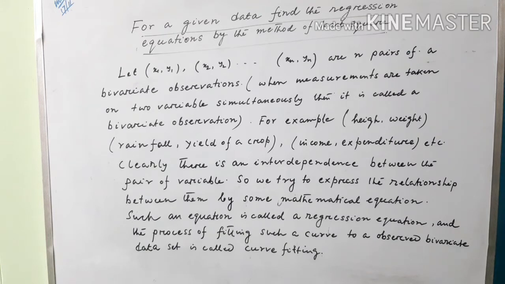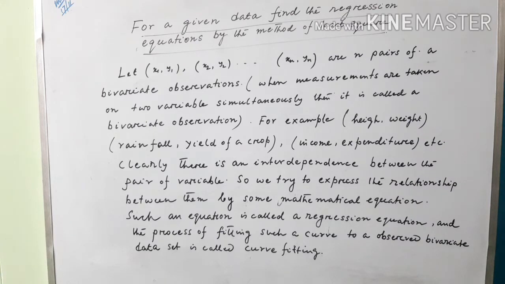Now see that as the number of claims they had paid is increasing, then the profit is decreasing. So this type of interdependence are of two types. Maybe both variables are increasing together or both variables are decreasing together. Otherwise, when one of the variables is increasing and the other variable is decreasing.